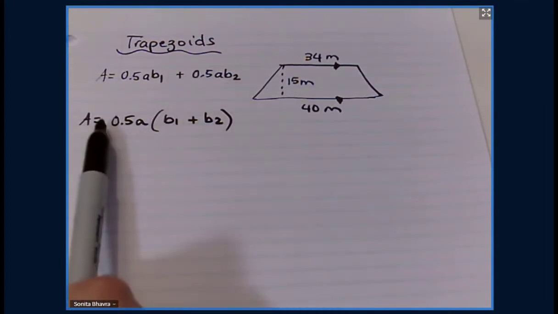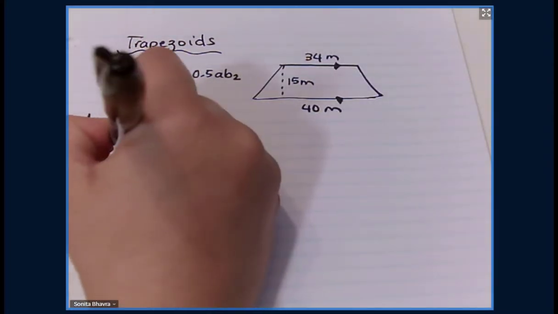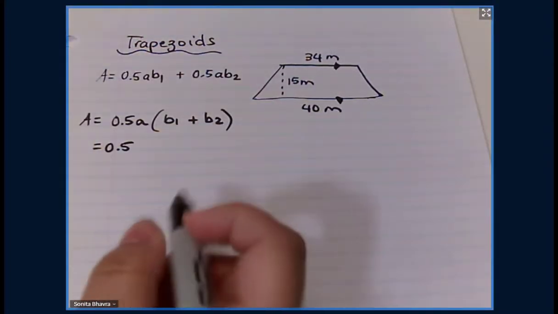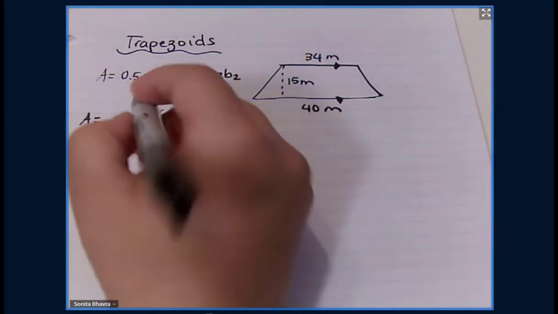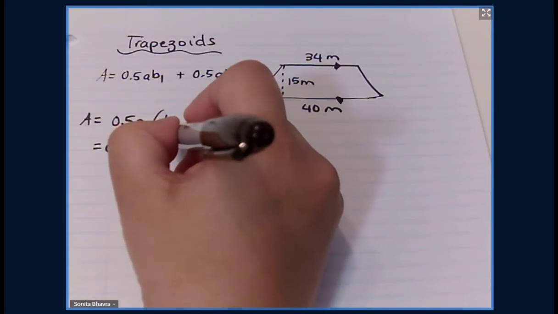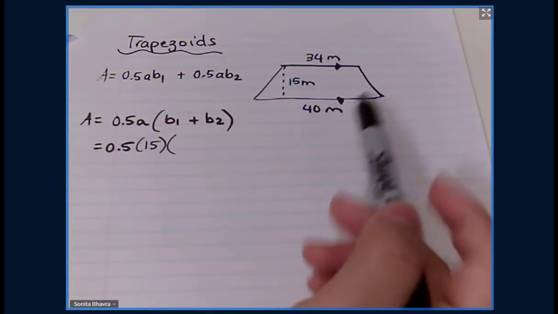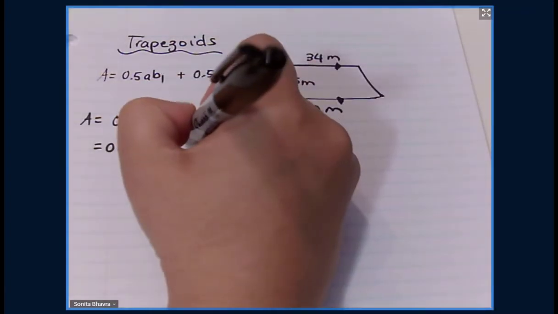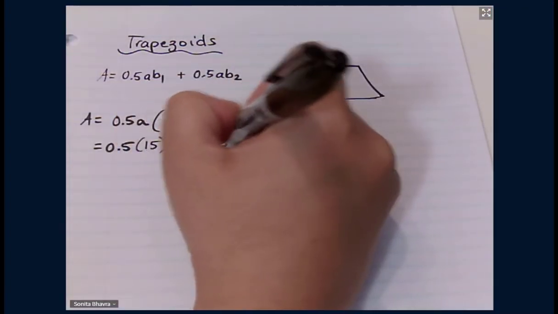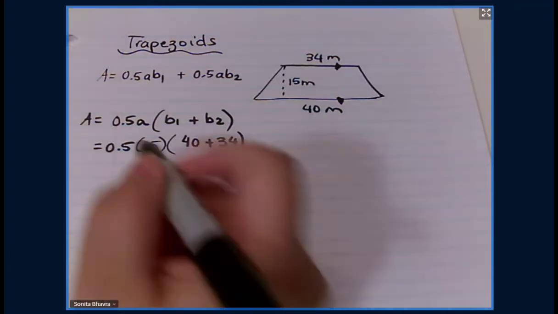Okay, I'm just going to use this formula here. So 0.5 times A, which is the altitude, which is 15, and then it's multiplied by base 1 plus base 2, so 40 plus 34. I am going to add this up together.